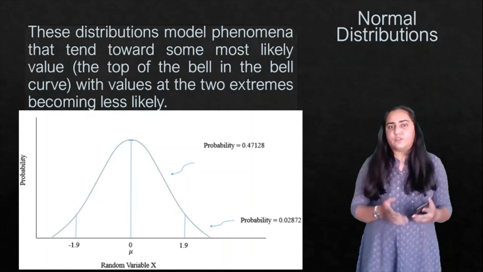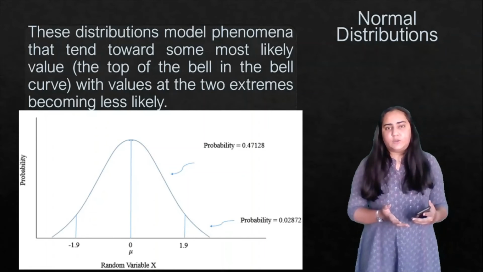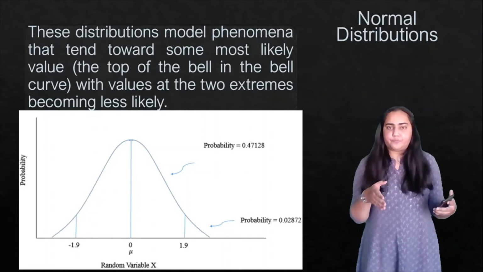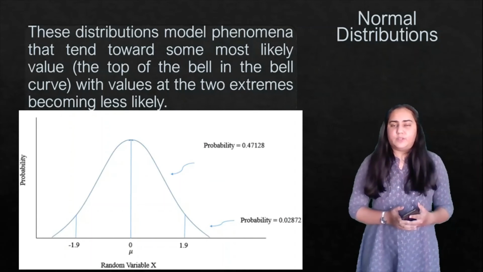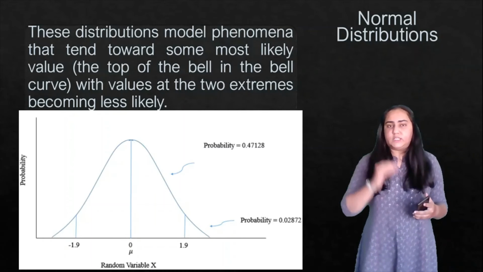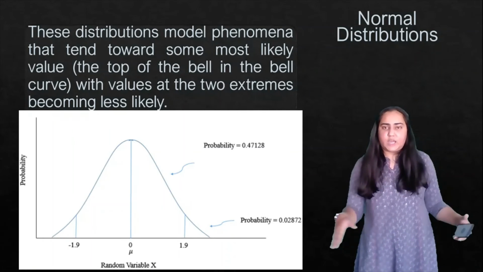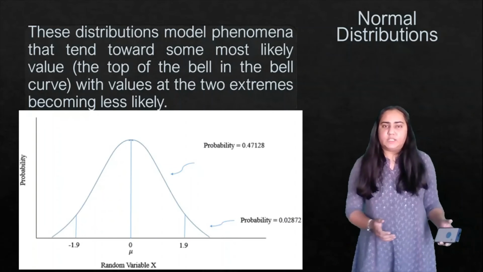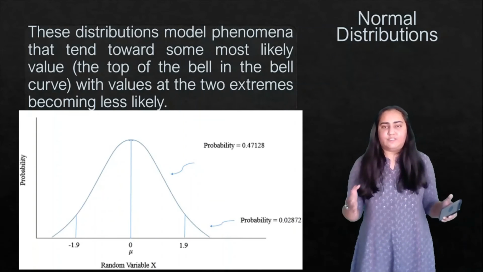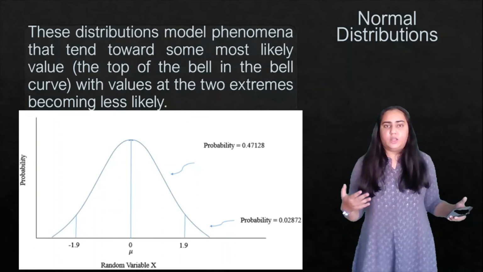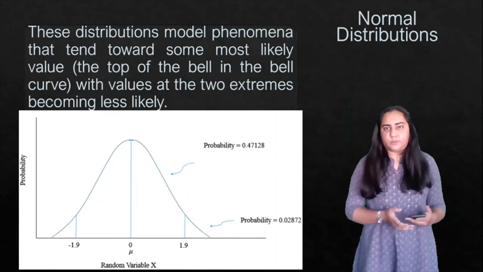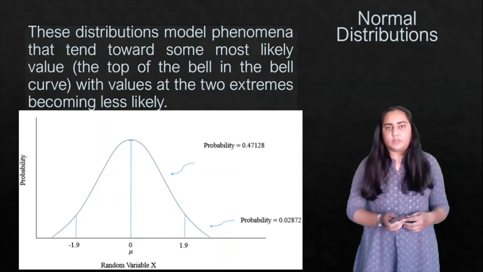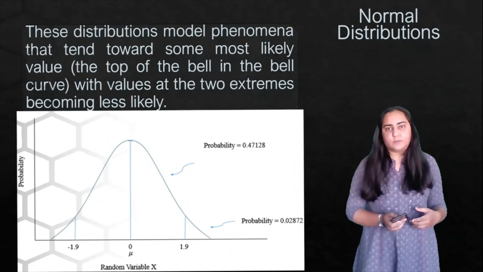The points that lie on the top of the curve are the points where the probability is the highest, and as you keep moving outwards, the probability becomes lesser and lesser. Events that are outward on the curve are extremely less likely to occur compared to the ones on top of the curve. This distribution is a very interesting one, and oftentimes the one that is asked in exams.